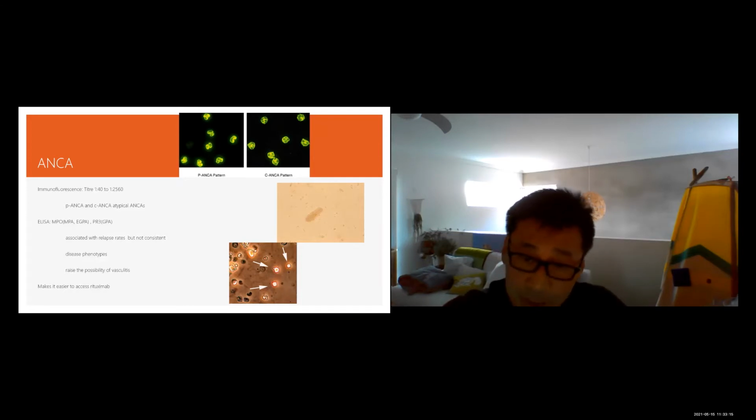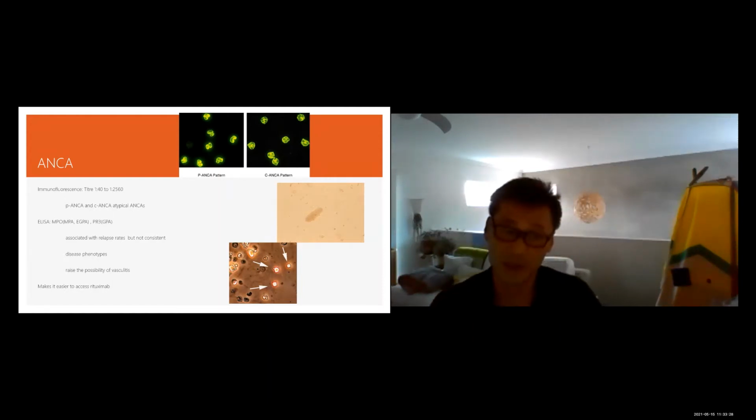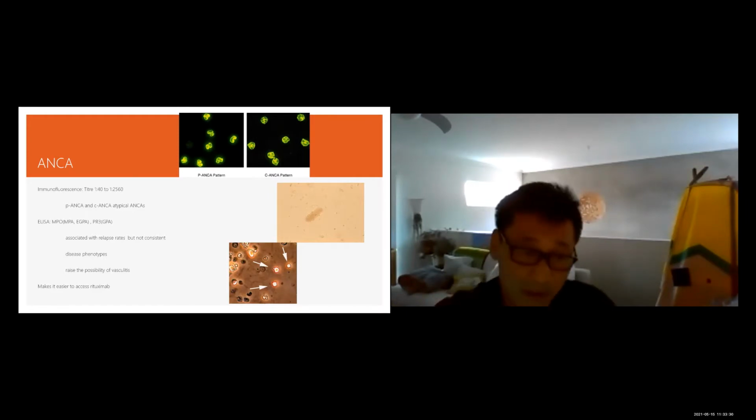Your doctors will generally be performing the specific MPO or PR3, depending on your result, every 3 months or so, usually. Some doctors use it to determine if there's a chance of relapse. It's not clear, but there are associations with relapse, but it's not always consistent.